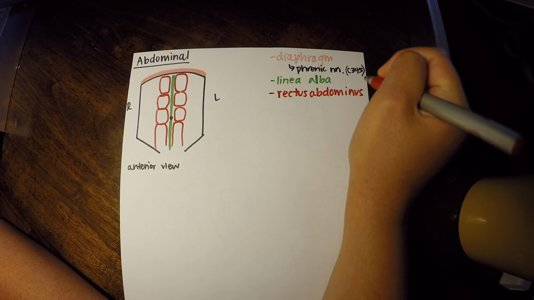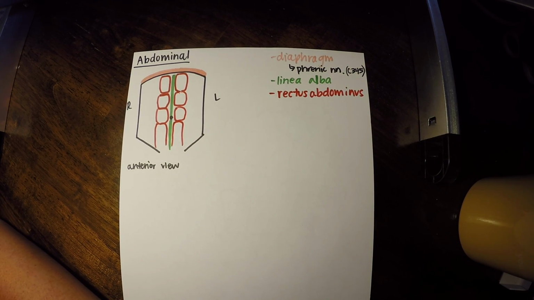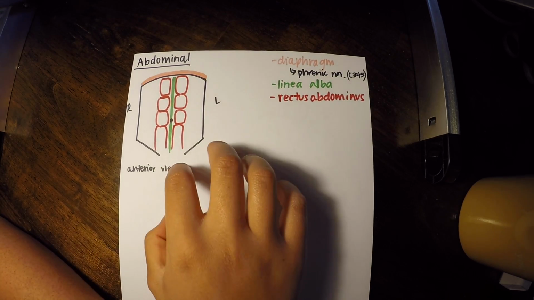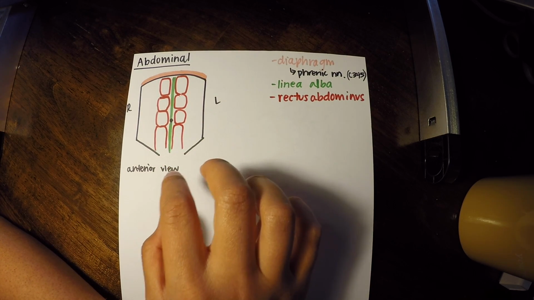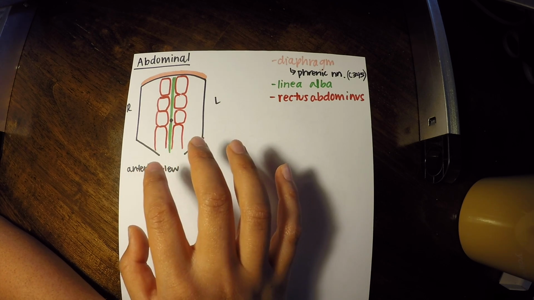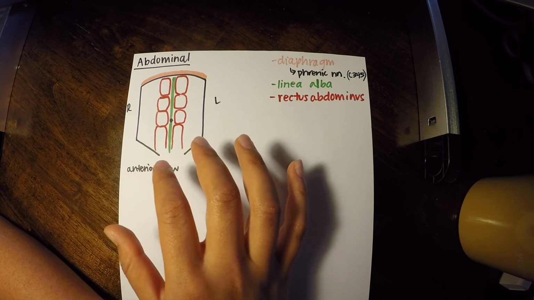What's interesting about the rectus abdominis is everyone's always concerned about getting abs and looking good, but the funny thing about it is that your rectus abdominis helps to flex your trunk, almost like a forward bend. But it's really not very functional for actual stabilization of your core and of your abdominal area and of your thoracic area.